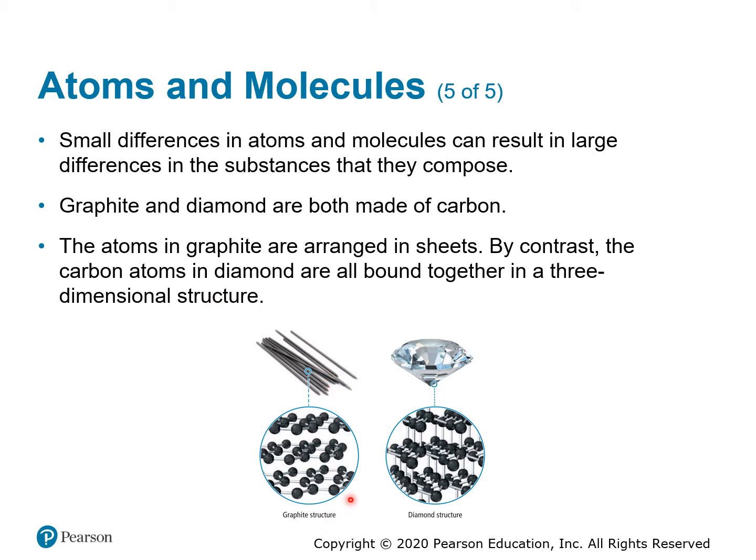In graphite, the carbon atoms are arranged in sheets, whereas in diamond, they are all bound together in a three-dimensional structure, and that gives it rigidity. Diamonds are hard, and they cannot be easily broken.